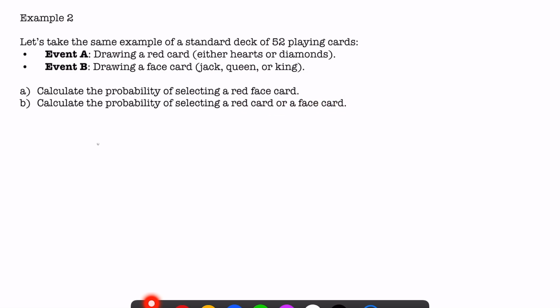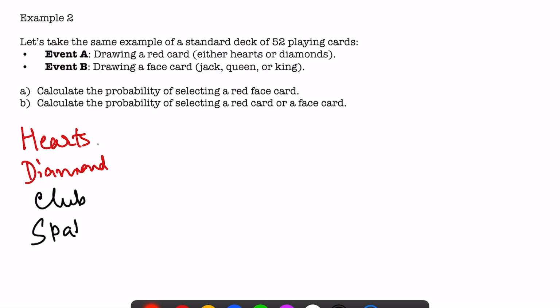So first, in a 52 card deck we have hearts, diamond, club, spade, 4 suits, and each suit has 13 cards, right?